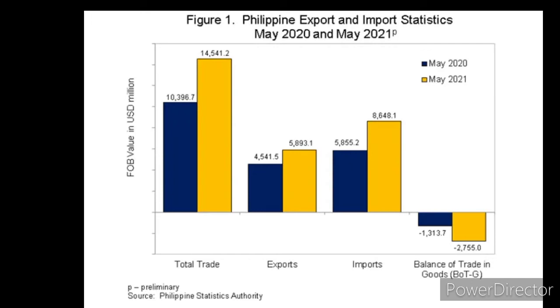It is also referred to as a negative balance of trade. Sad to say that the Philippines, our country, has a negative balance of trade. Since our country's imports exceed our exports and we have a negative balance of trade, it only means that we did not benefit from trade.